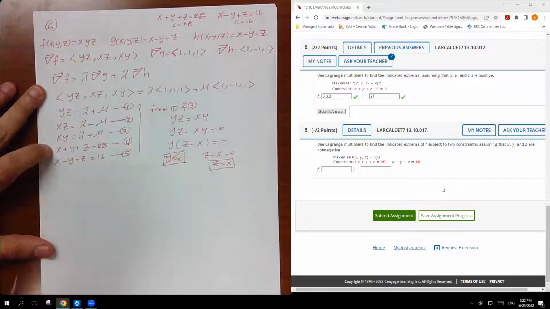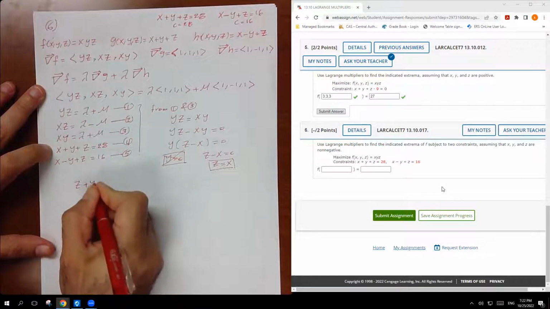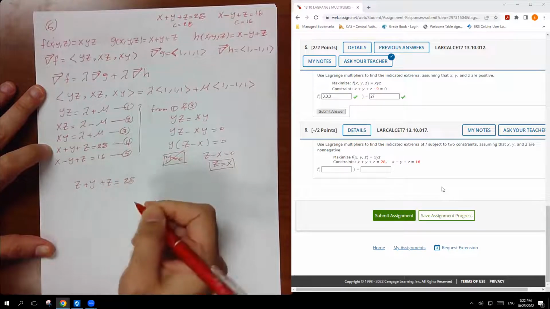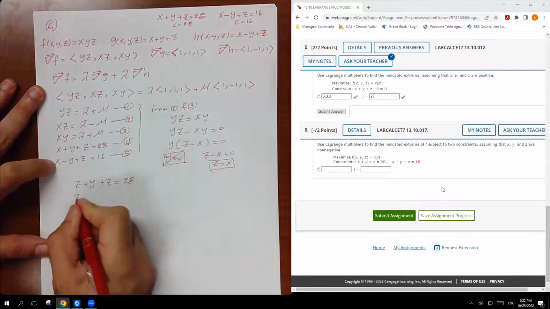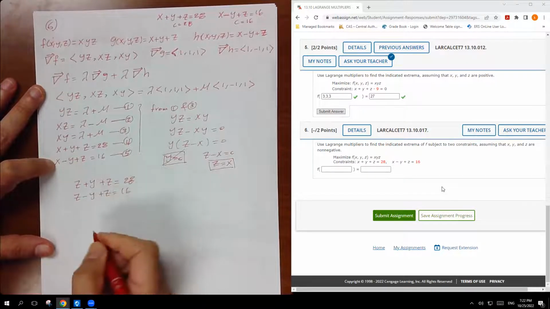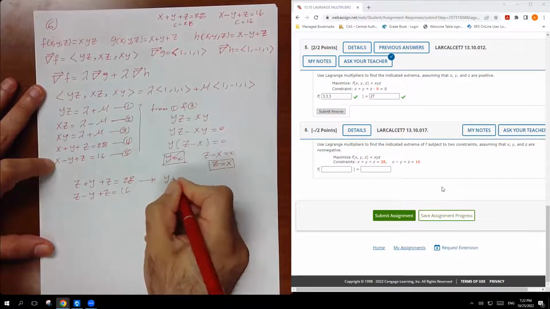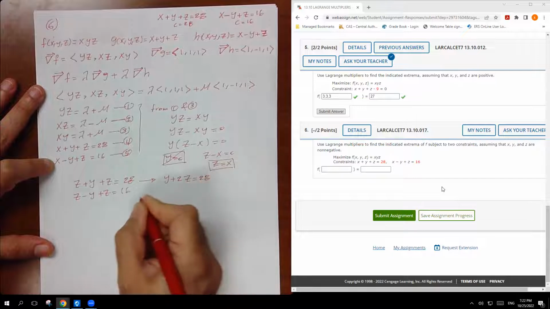The first one is going to be z plus y plus z equal to 28. And the second one is going to be z minus y plus z equal to 16.